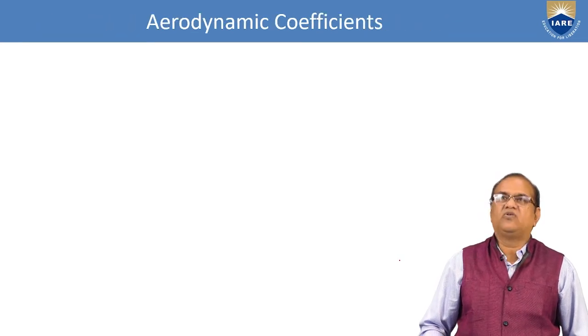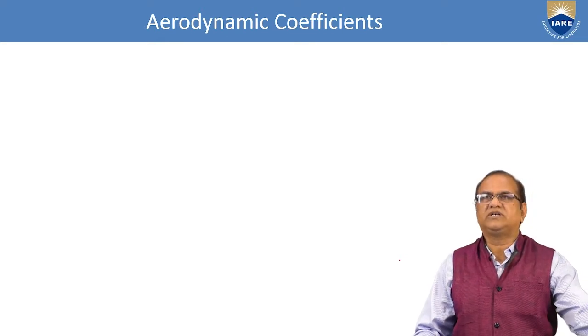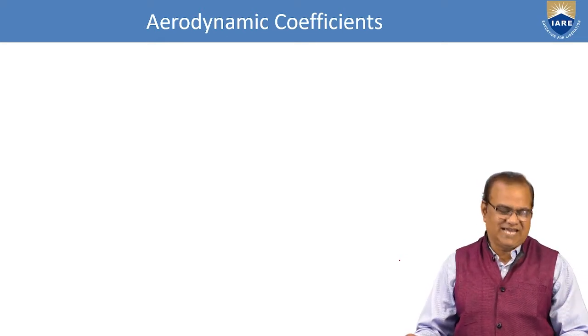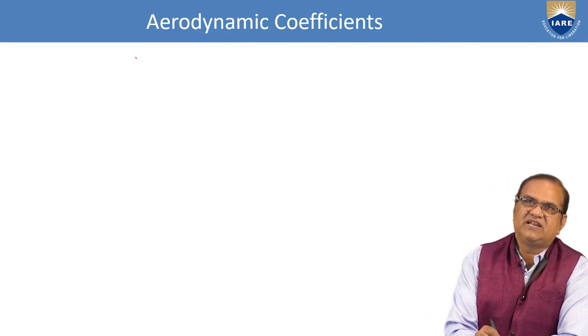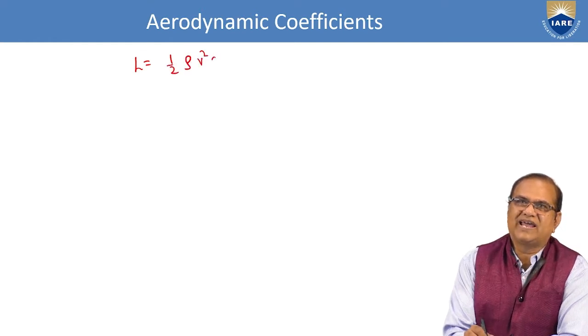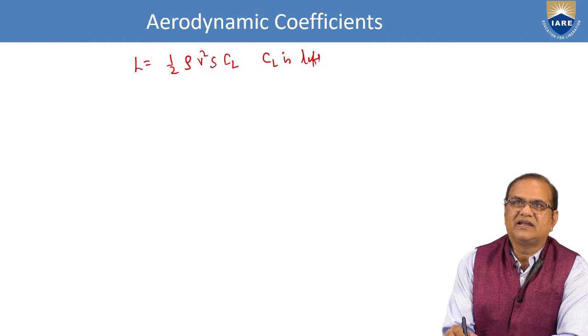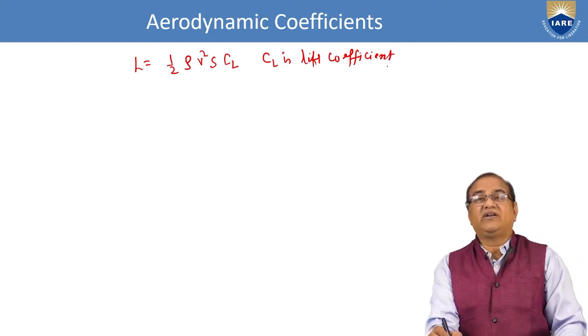So we can now discuss the aerodynamic coefficients. First, lift is equal to half rho V square S CL, where CL is the lift coefficient. So we take all things in a non-dimensional form.